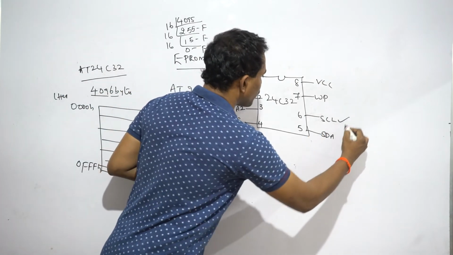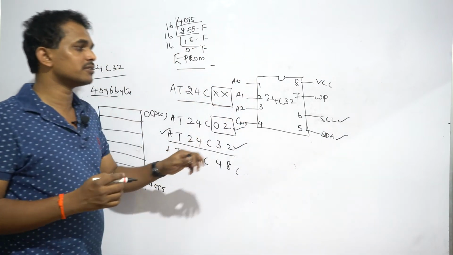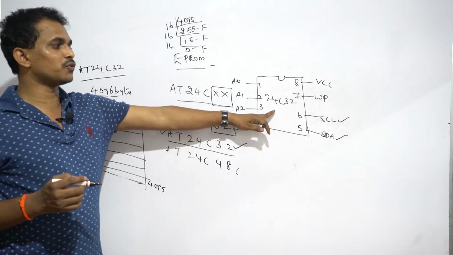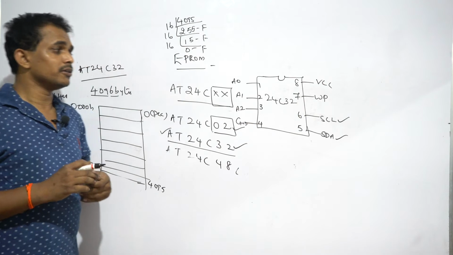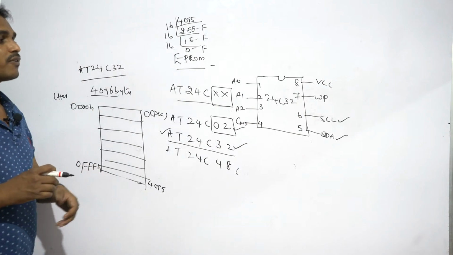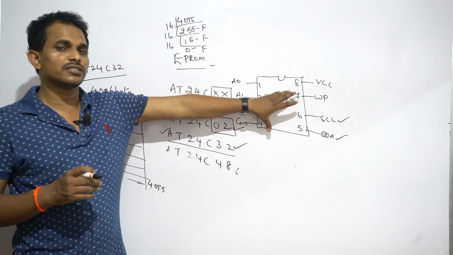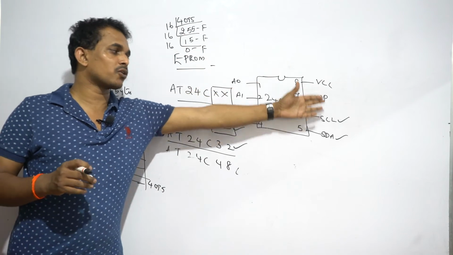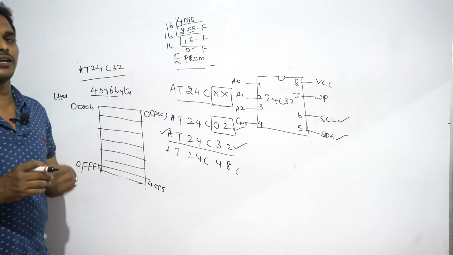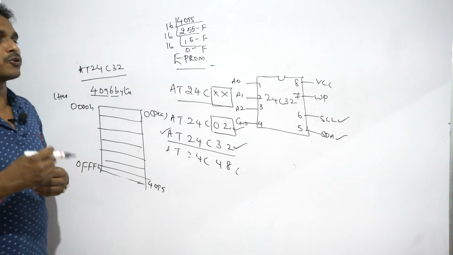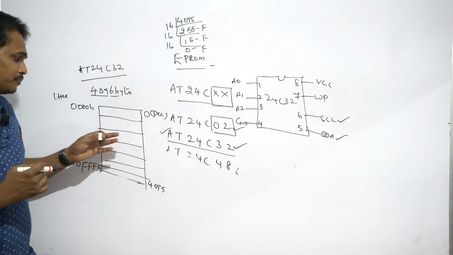Because you will find the 2 physical lines, SDA and SCL, in the pin diagram. If these 2 lines are available, it is an I2C device. If you do not find these 2 lines, it is not an I2C device and does not support I2C communication with the families.